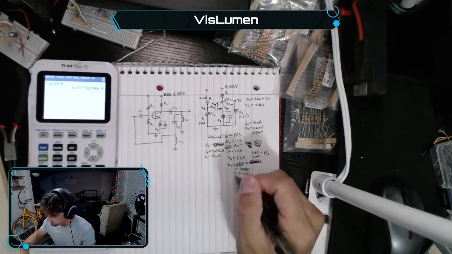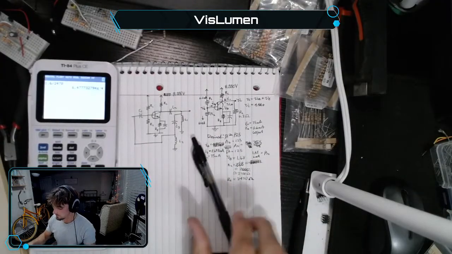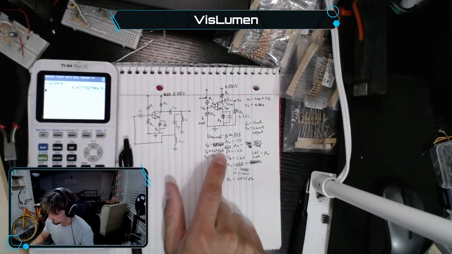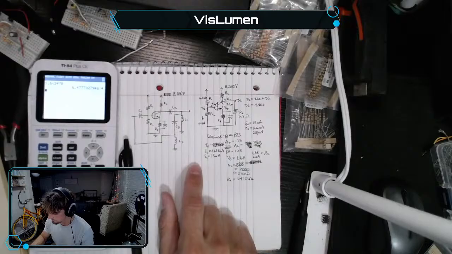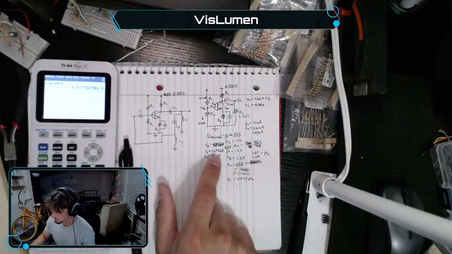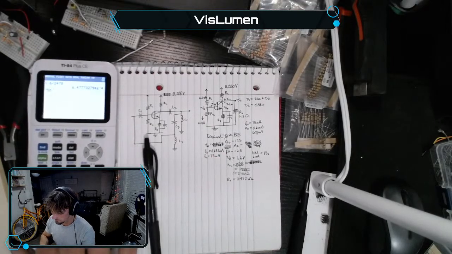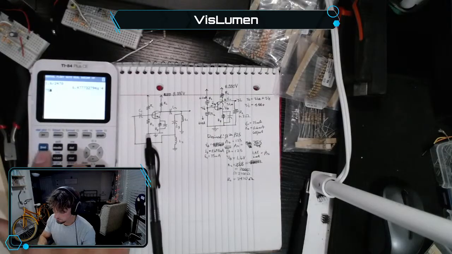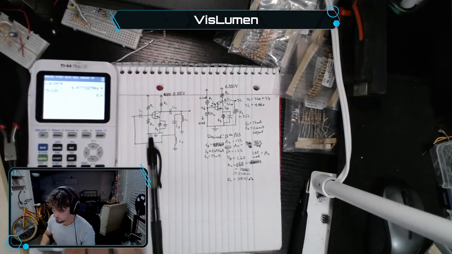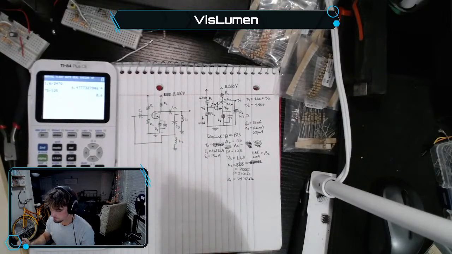Okay, so now we know R2. Wait, IB. That's not IB. Wait, that's not IB. 75 divided by 125 is 0.6.